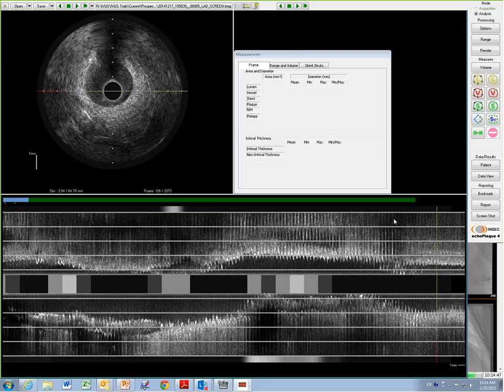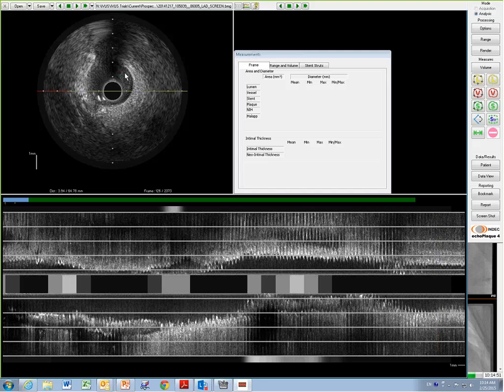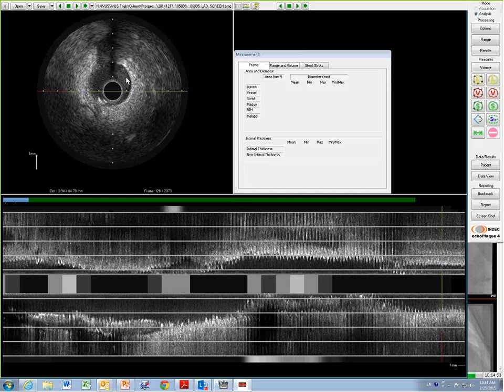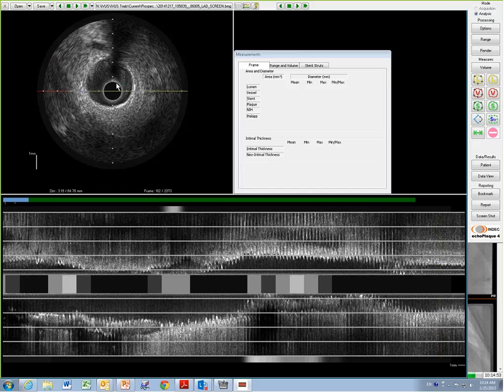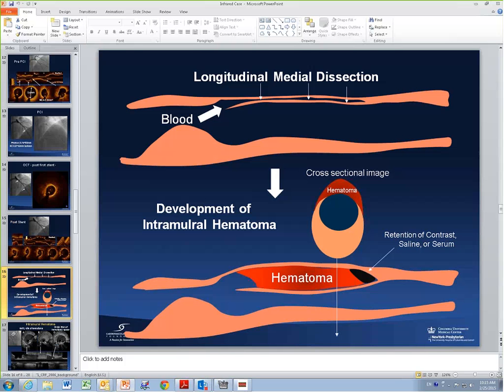And then I go to distal, and I see the dissection is here. It's hard, but I think the dissection is here. And this is a little bit hard to understand. So let me show some explanation. What happens in terms of the intramural hematoma is you make some dissection which reaches to the media.